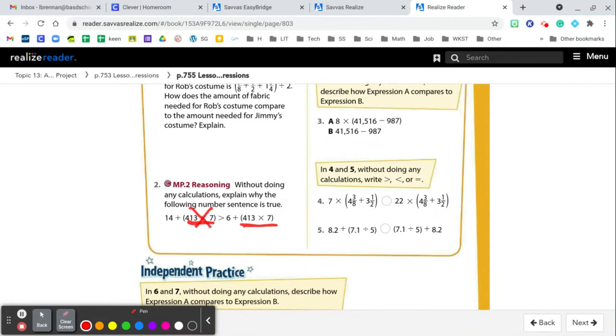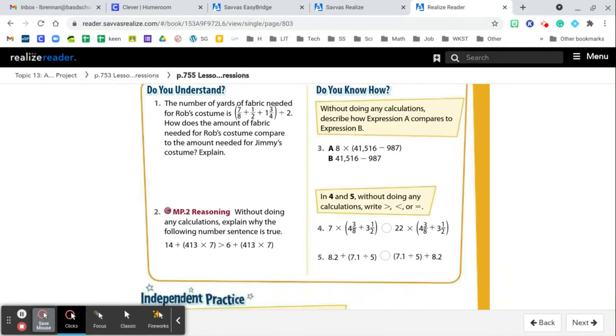So you can actually get rid of that information right there. And 14 is greater than 6, so we know it's true. The values that are the same, we can just get rid of, and then we can just look at the values that are different without even having to solve it. We know that the left side, 14, is larger than the right side.